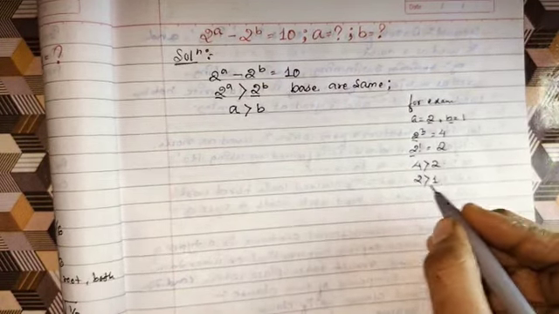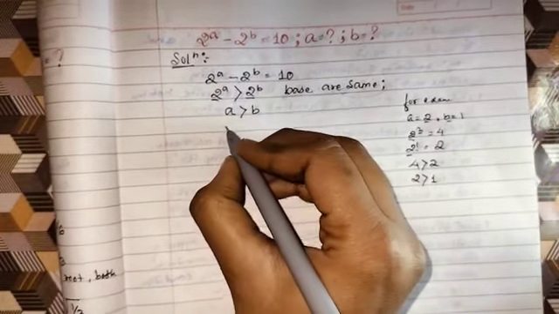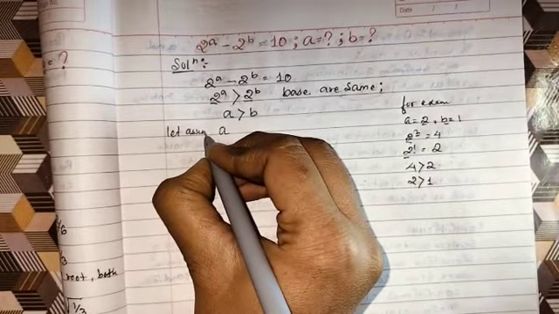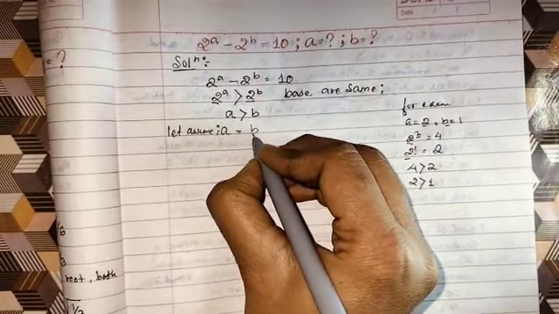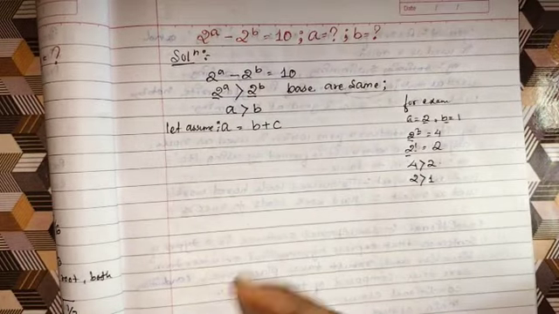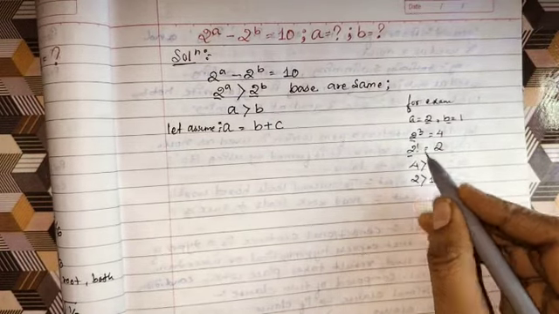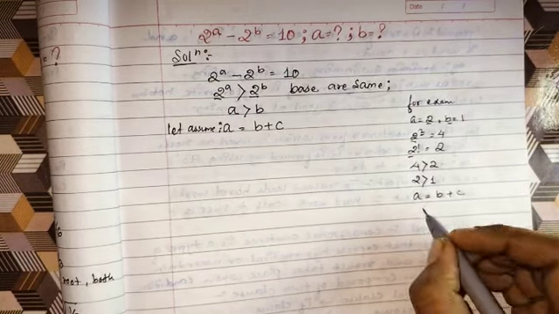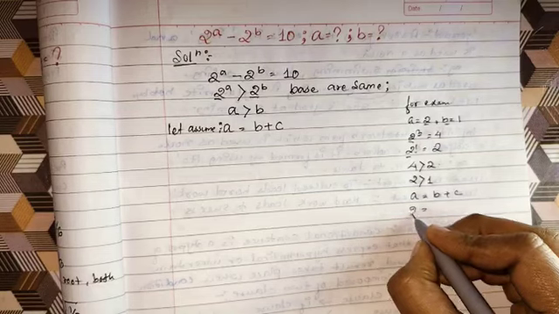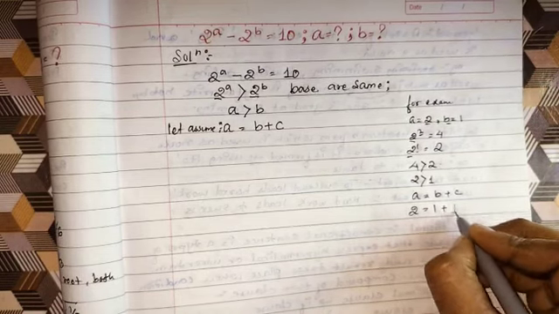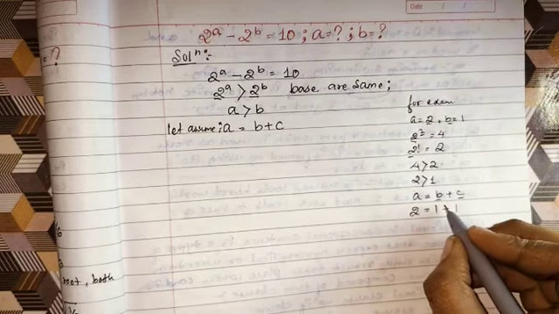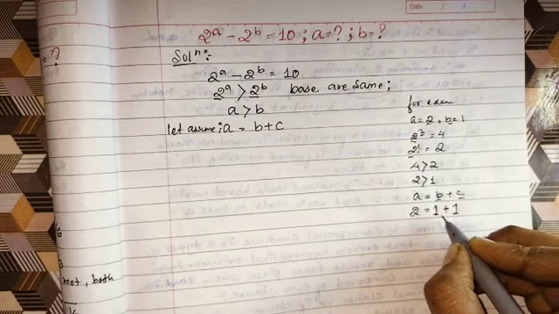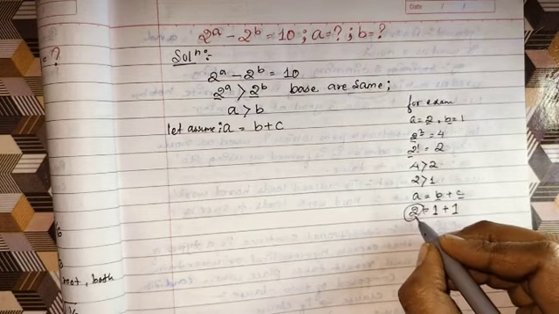Now what we can say is, let's assume a is equals to b plus c. What does this mean is, for example, here a is equals to b plus c. If we are considering this, it means the value of b was 1, and when we add 1, that is c, then we get the value of a as 2.